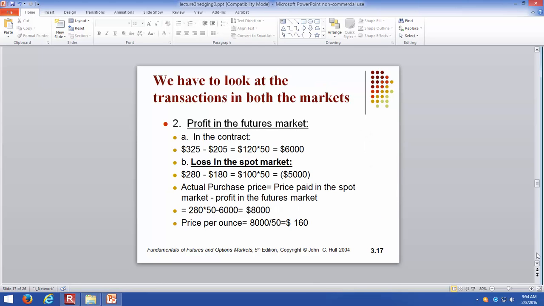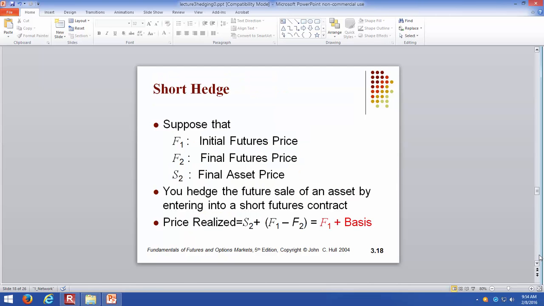So he made $6,000. In the spot market, basically he lost $5,000, and the actual purchase price is going to be whatever he pays in the spot market at the end, which is $14,000 minus the profit he made in the futures market. So it's going to be $160 per ounce.